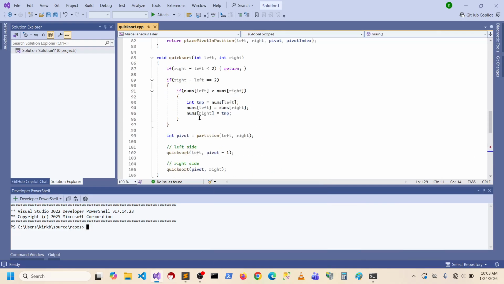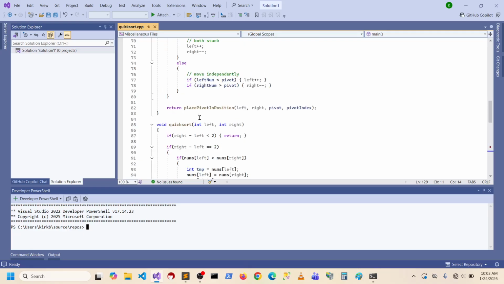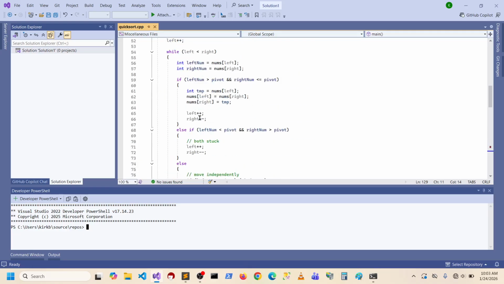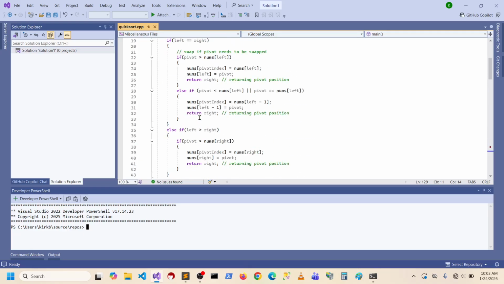If we go up here... Oh my goodness, where is that? That was in this, wasn't it? Well, wait a minute. It's not in that, but it is in this. So it's less than nums or pivot equals nums left.